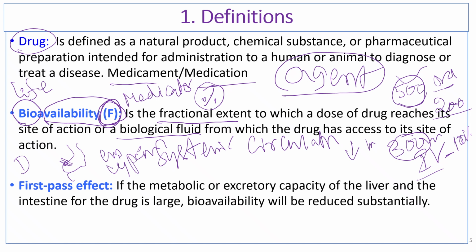That is called the first pass effect. That means the metabolic or excretory capacity of the liver and the intestine for the drug is very large, right? So that's why the bioavailability is going to be reduced, right? Except for IV, with all other routes there is a first pass effect.